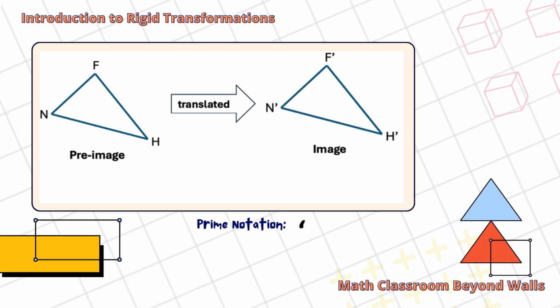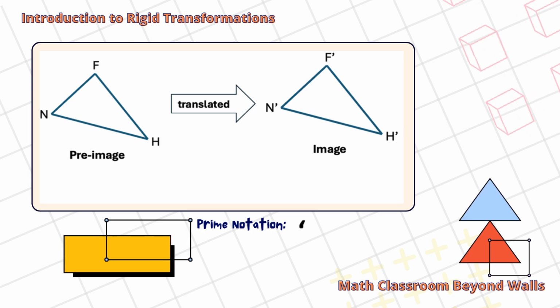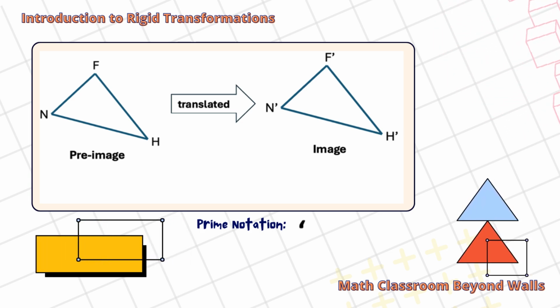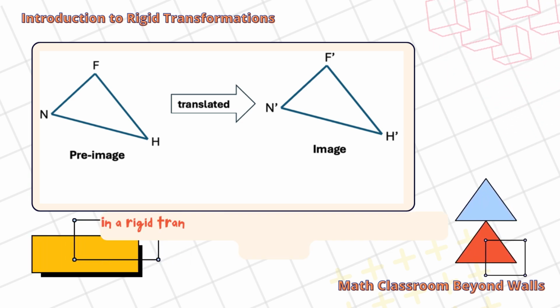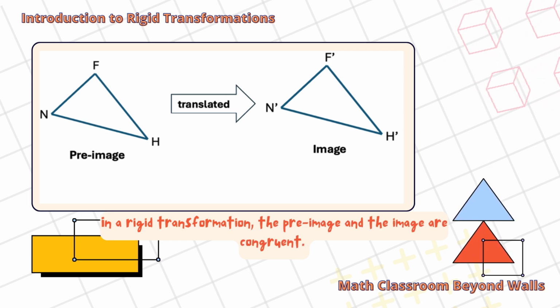Remember that after a rigid transformation, the size and shape of the image do not change. The side lengths or distance and the angles are preserved. We say that the pre-image and the image are congruent.